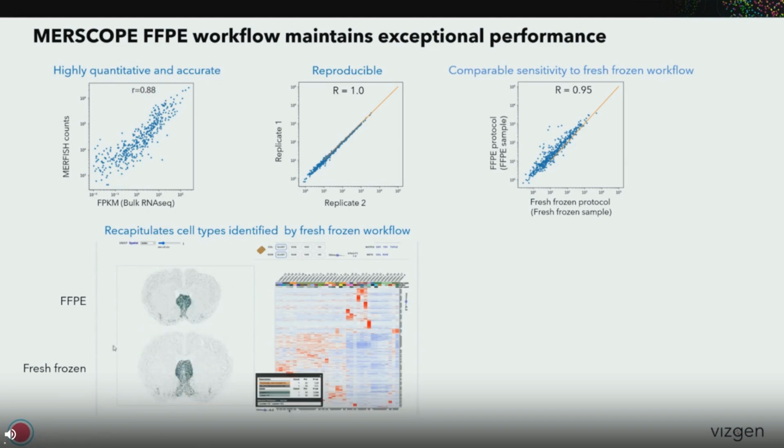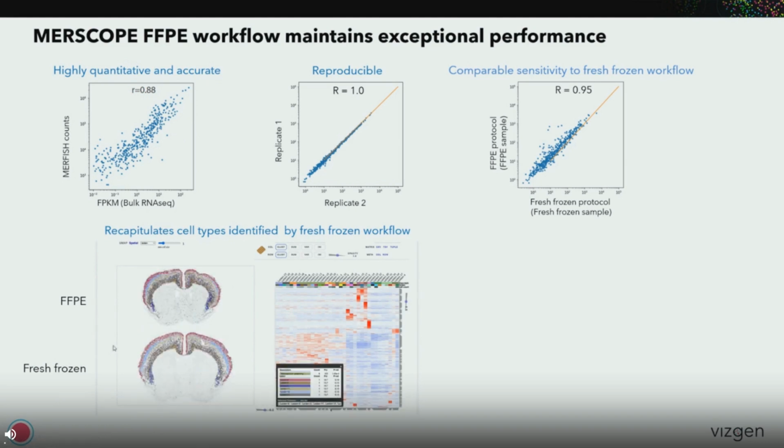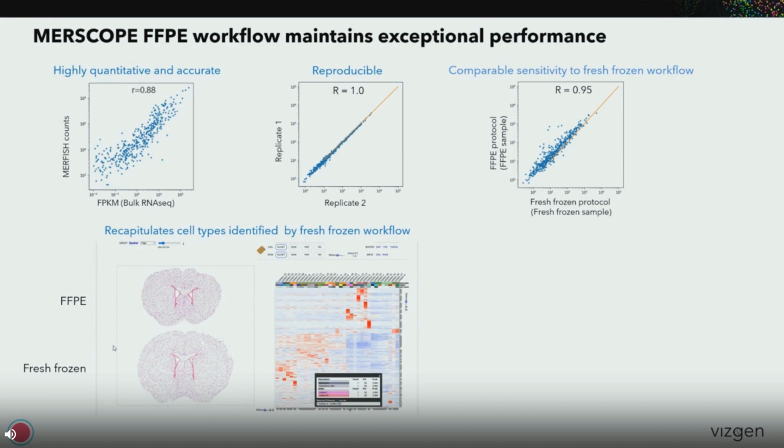And this animation is going to show the spatial distribution of all the different cell types identified by the FFPE workflow at the top, or the fresh frozen workflow. And as we are looking at different clusters, I hope you can really appreciate how the FFPE workflow is able to recapitulate all the major cell types identified by our fresh frozen workflow.